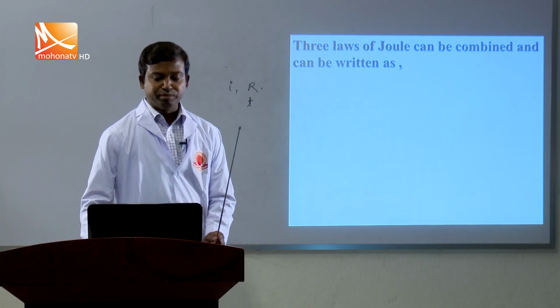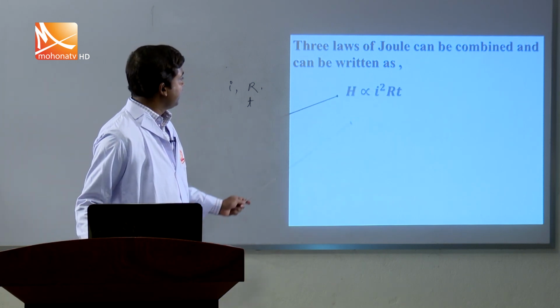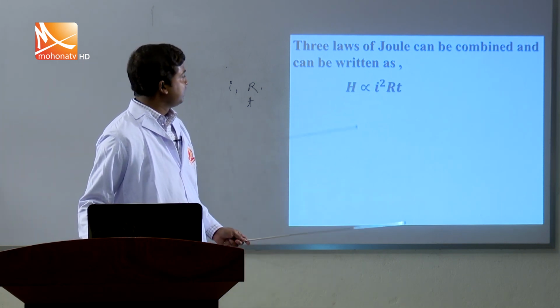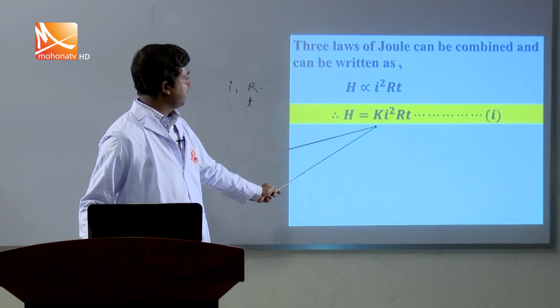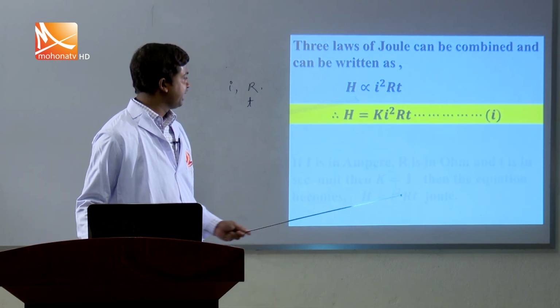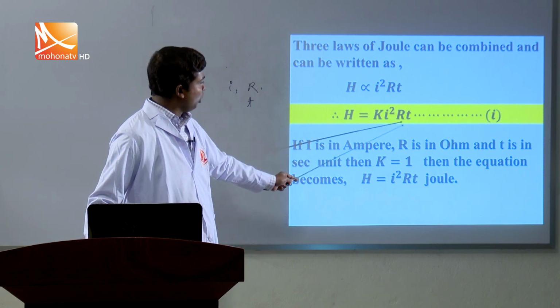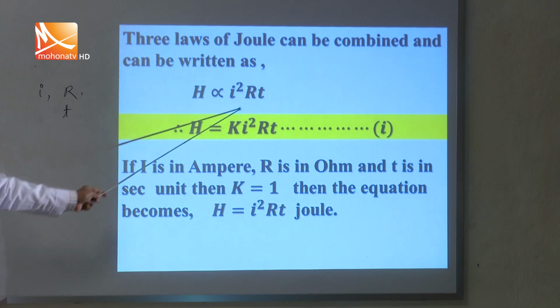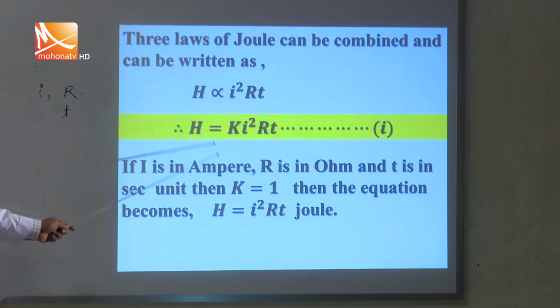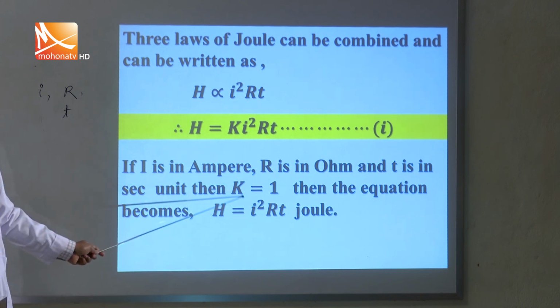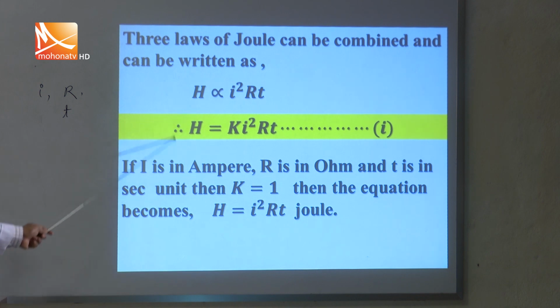Now, these three laws can be combined and written as H proportional to I square RT. Then simply, H equals K I square RT, where K is the constant. If R is measured in ohm, T in second and I in ampere, then K becomes 1 and the unit of heat will be joule.